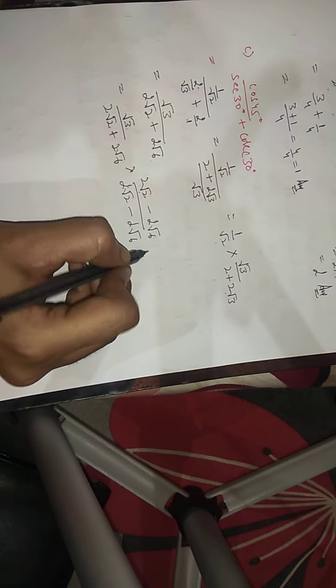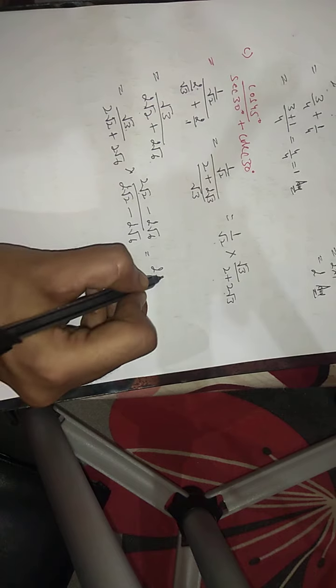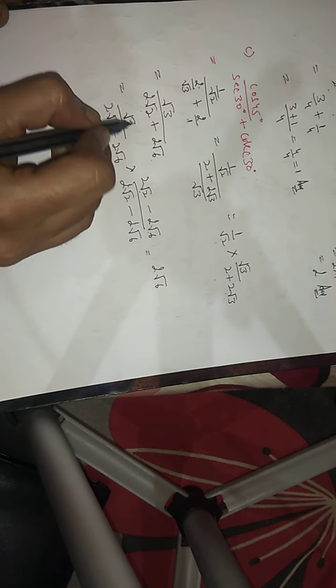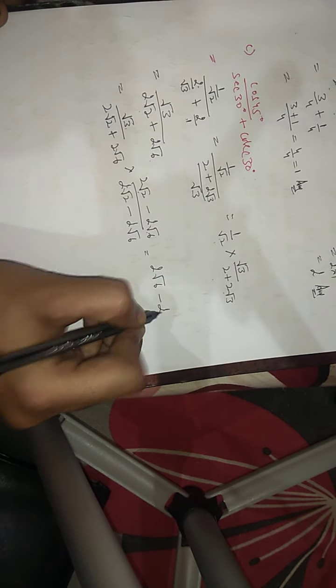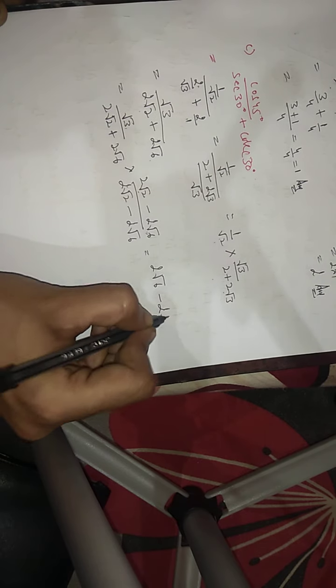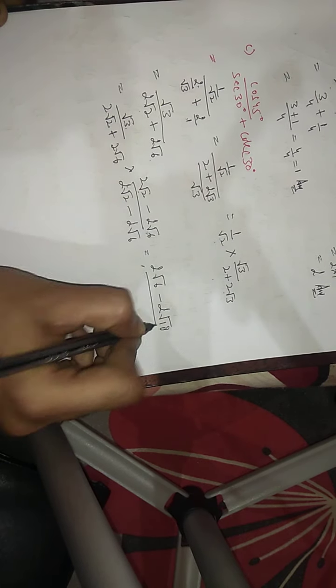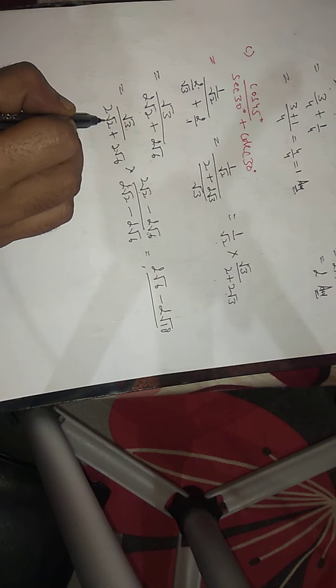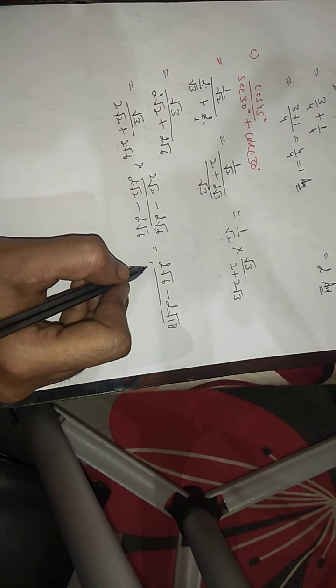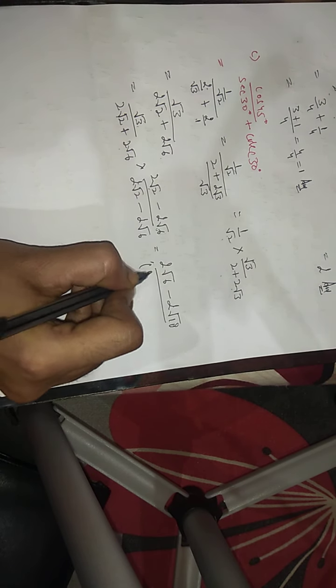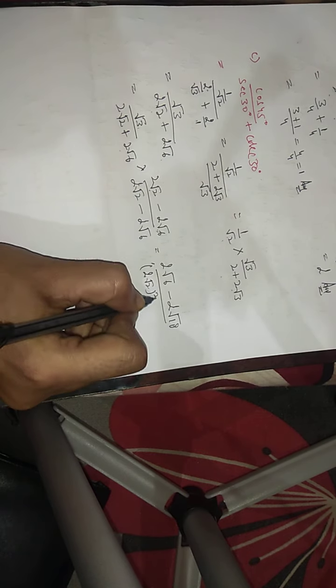Now when we multiply, 2 root 2 by root 3, we get 2 under root 6, and 2 root 6 into root 3 gives under root 18. In the denominator it's a plus b into a minus b, that is a square minus b square, that is 2 root 2 whole square minus 2 root 6 whole square.